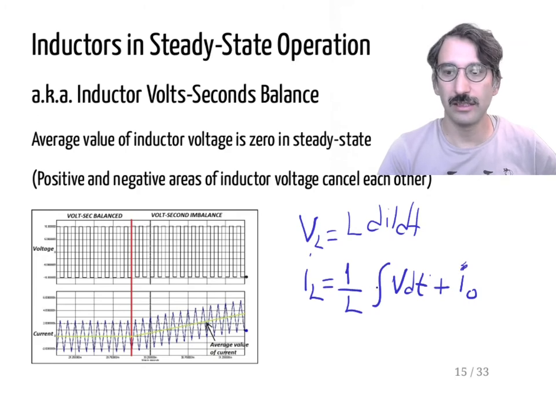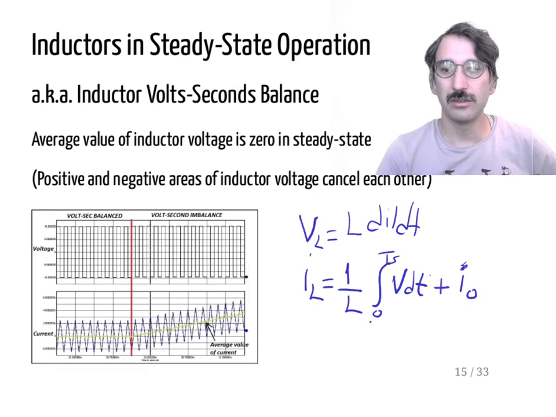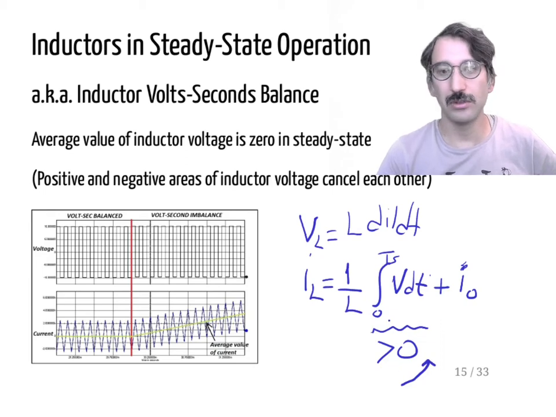If this is a cyclic current, from 0 to some period, and that integral term is larger than 0, the inductor current keeps increasing and increasing. In other words, if you apply a positive voltage over an inductor over time, that will keep increasing the current.